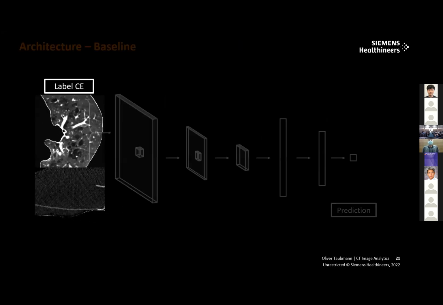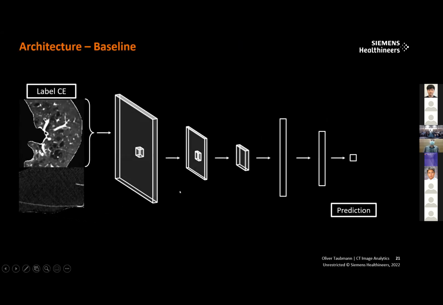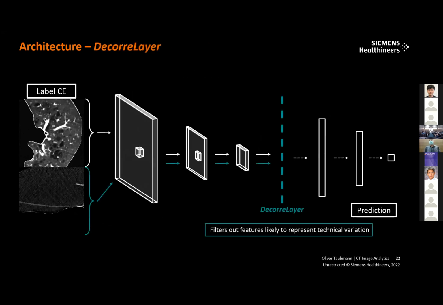If we have a model that works on a region of interest and extracts features to end up at a prediction, we would, during training, feed the surrogate regions through the very same layers. And then at some point, maybe even after each layer, insert this new decoy layer, which would try to determine in these internal feature representations those that are likely to represent technical variation and suppress those.